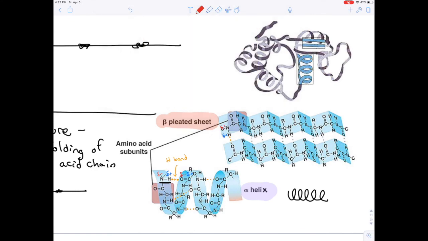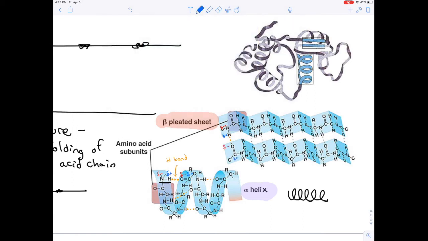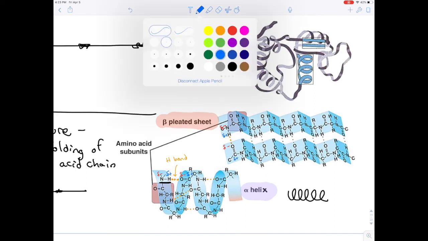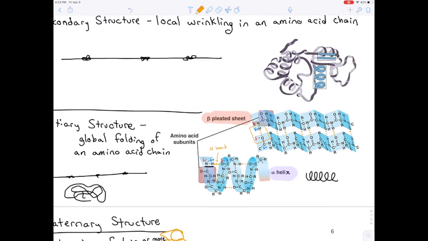The nitrogen is very electronegative, so it steals the electrons, leaves the hydrogen slightly positive, and a slightly negative oxygen on a carbonyl. So the slightly positive hydrogen and the slightly negative oxygen attract each other, and that holds these sheets in this new formation. So again, the hydrogen bonds create this local wrinkling, this secondary structure.